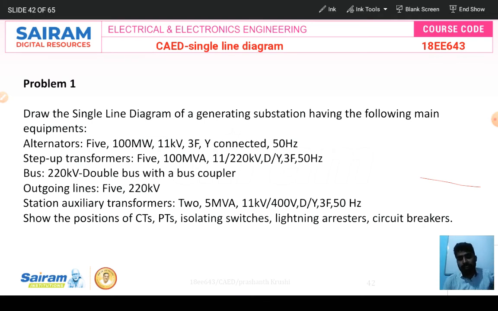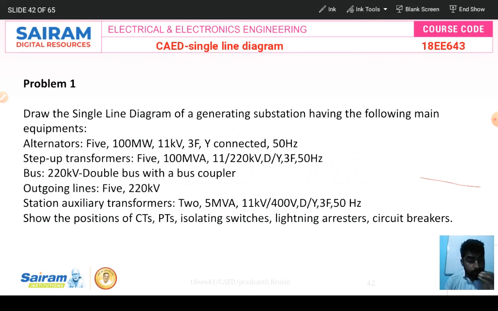Draw the single line diagram of a generator, megawatts, 11 kilovolts, 3 phase and star connected, 50 hertz. See here, alternator 5 in the sense what? Definitely 5 generating units.